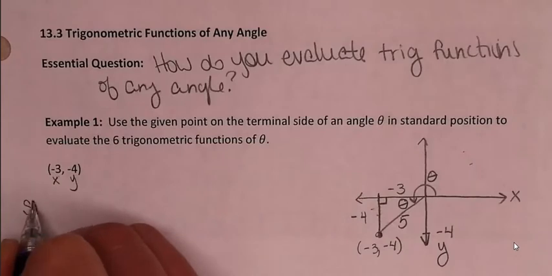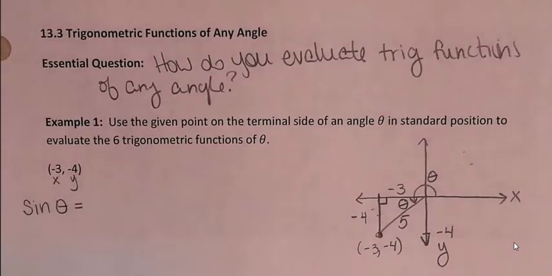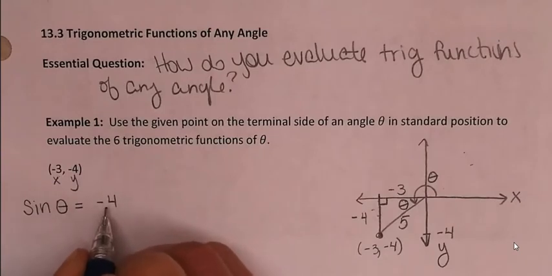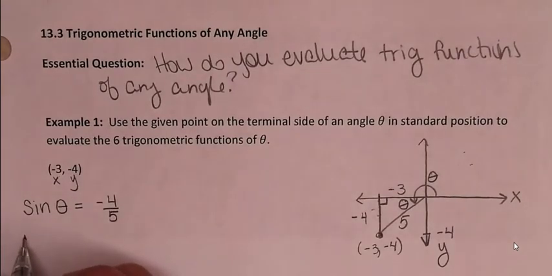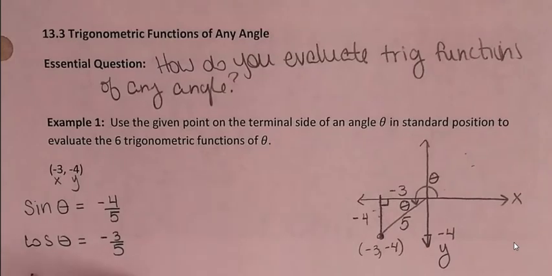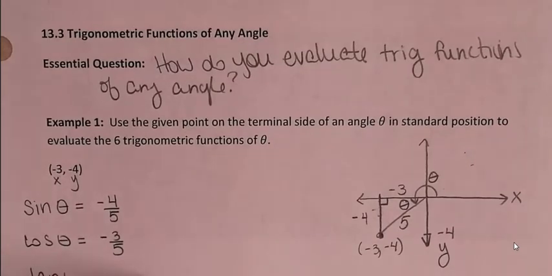So sine of theta is going to be opposite over hypotenuse, so -4/5. Cosine of theta is going to be adjacent over hypotenuse, so -3/5. Tan of theta is going to be opposite over adjacent, so -4/3, which is really just 4/3.